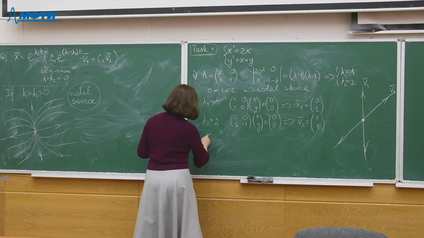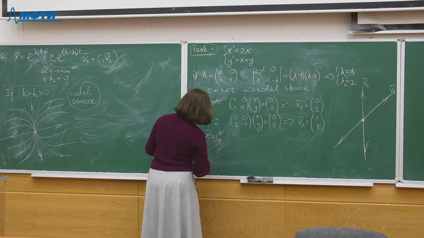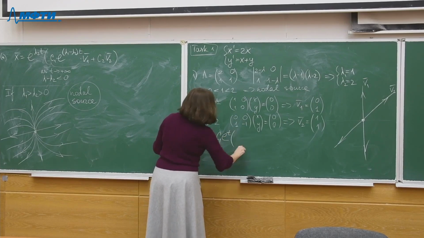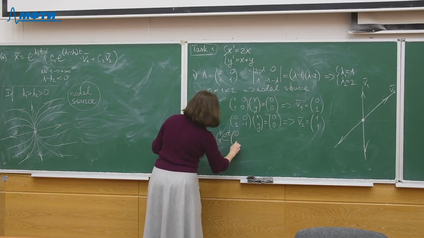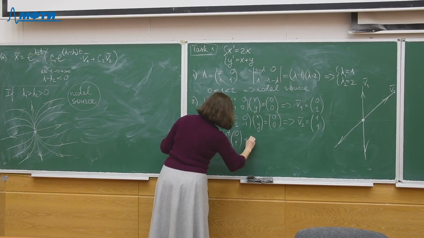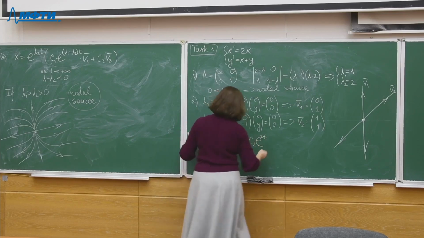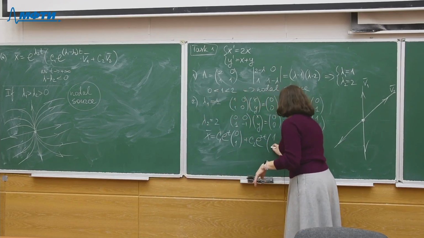So x is equal to c1 e to the power t (0, 1) plus c2 e to the power 2t (1, 1).